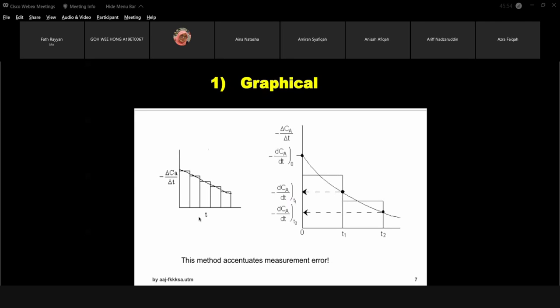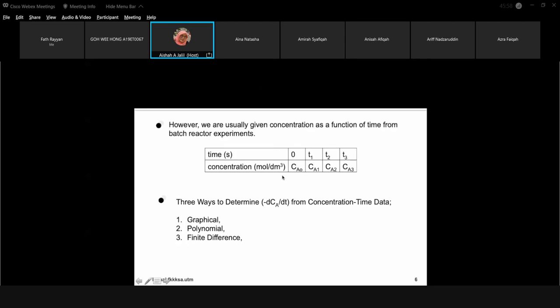If they give you a set of data like this, first you have to write the graph with the delta. So you have to know the delta T and also delta CA.